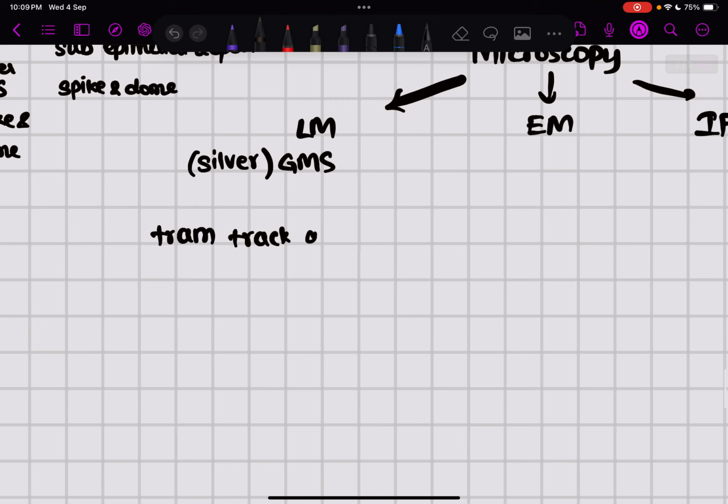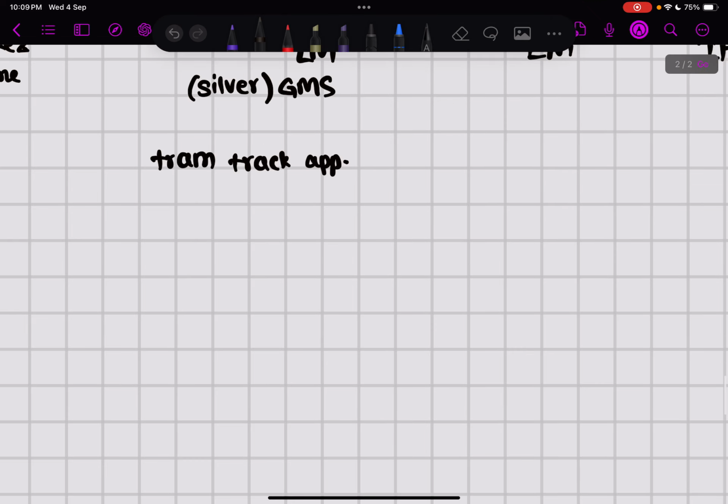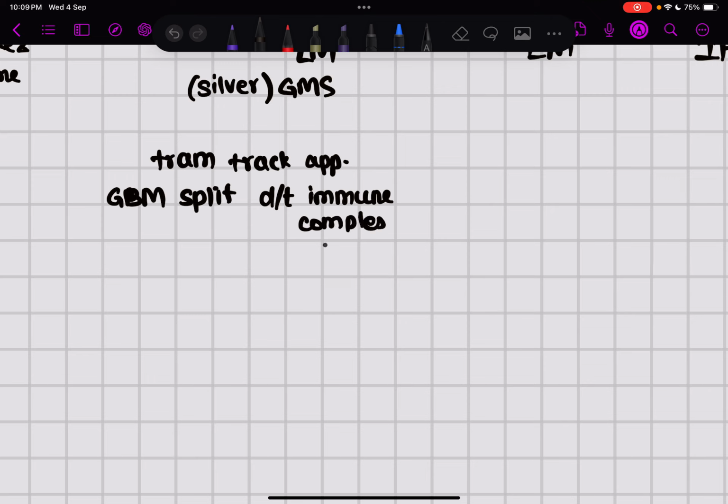The tram track appearance is due to the splitting of glomerular basement membrane, due to immune complex deposition. Immune complexes get deposited subepithelially.